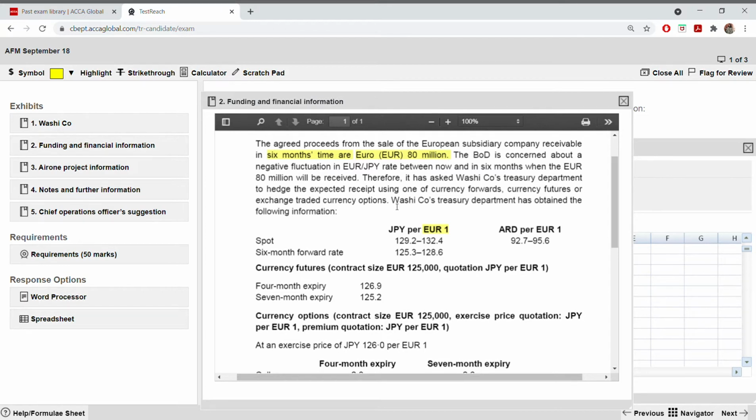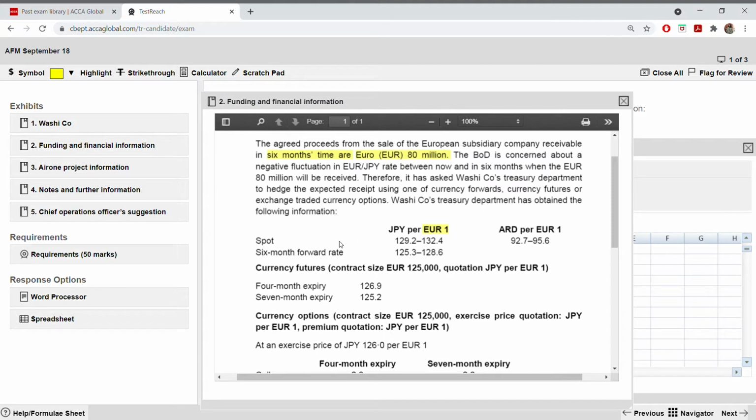The other method, if you want to follow, where they have compared the 7-month expiry with the 4-month, you can see the marking scheme. Using both methods, the answer is the same, but it's not always that the answer is the same. Remember that you can get different answers. But in this case it is the same.